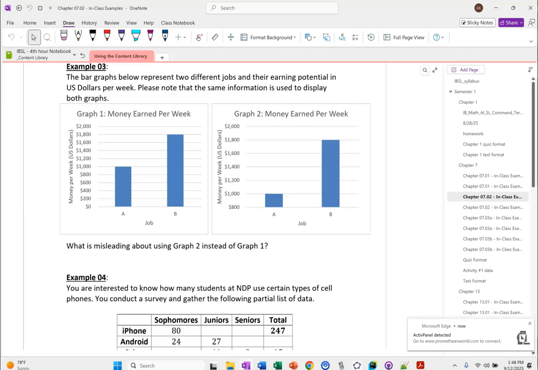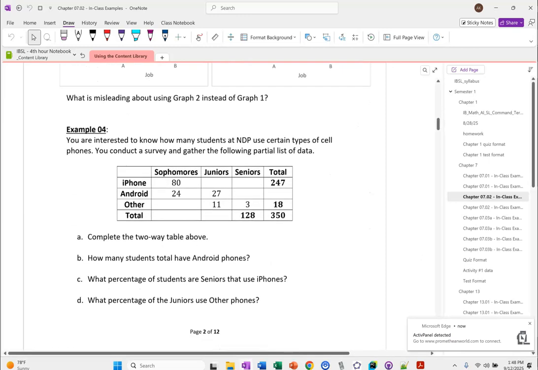But really job B is only twice as lucrative as job A, you know, you get what I'm saying? So again, you're just misrepresenting what's going on because you're monkeying with the axes, starting at 800 instead of starting at 0. Do you get what I'm saying? So again, bad job on graph 2.